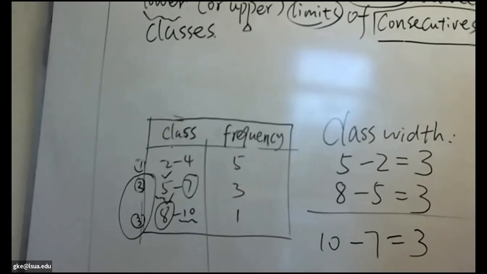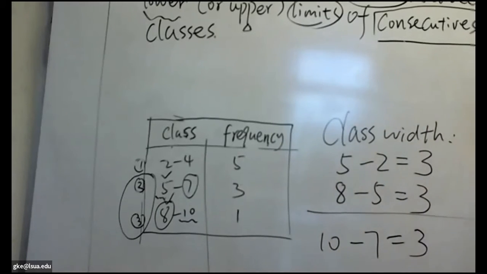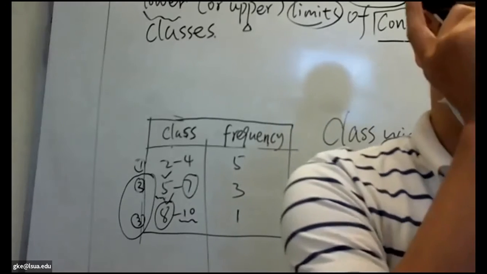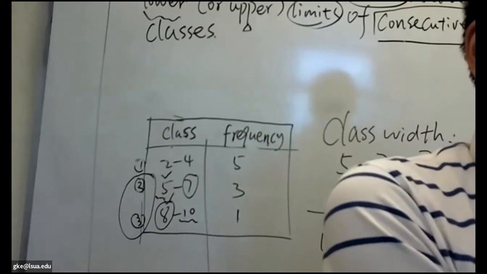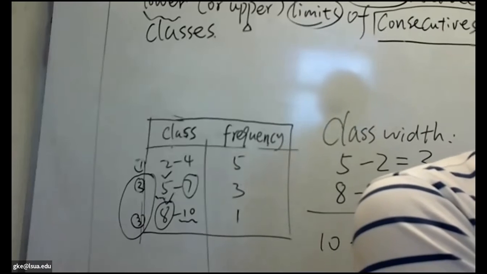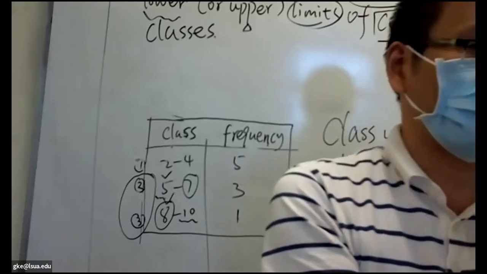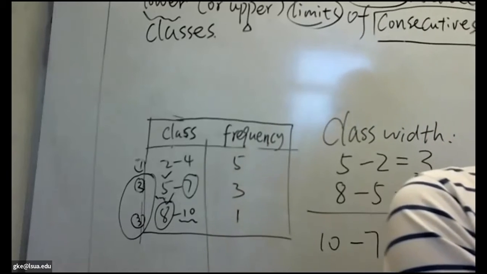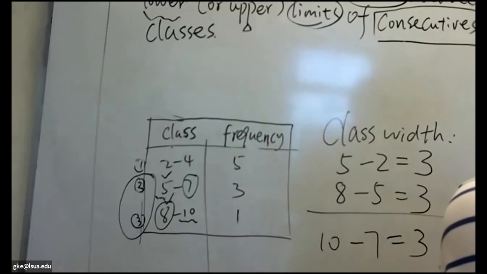Understood? Now I give you guys an assignment. Please pick class 1 and class 2 and use the upper limit to calculate the class width.